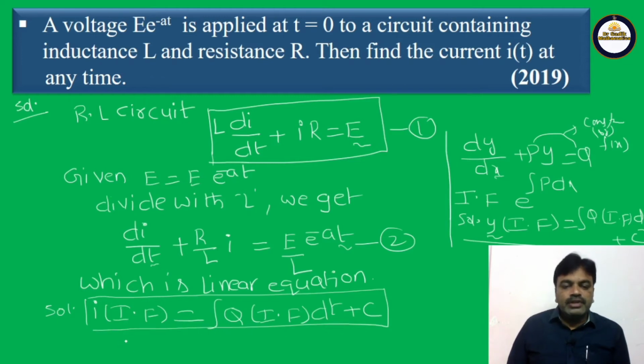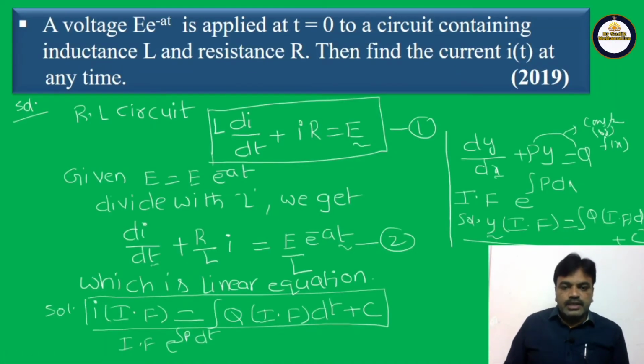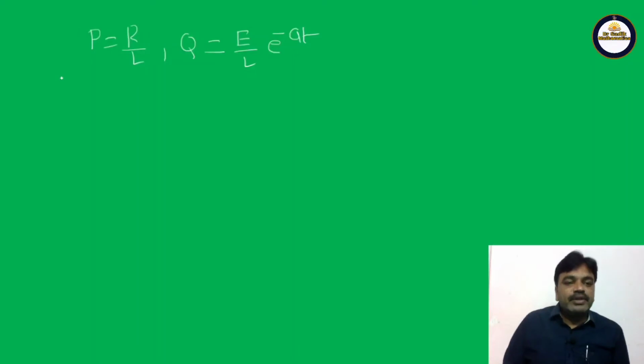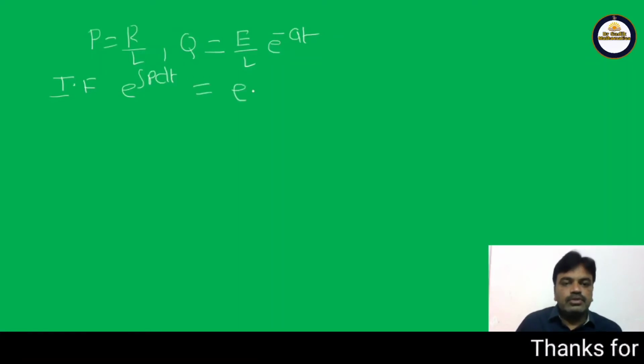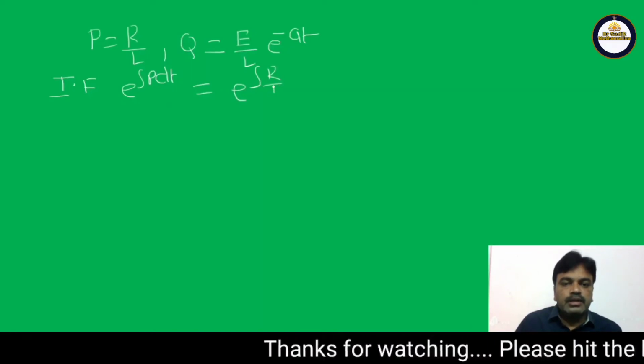Now, how can you find the integrating factor? It is e power integral p dt, friends. What is p? R by L. Next line: p is equal to R by L, and q is equal to E by L into e power minus at. Now, what is the integrating factor? e power integral p dt is e power integral R by L into dt.